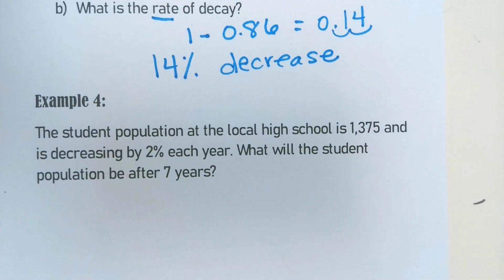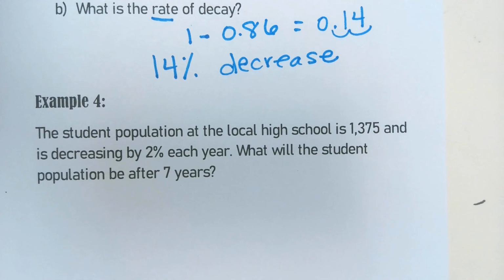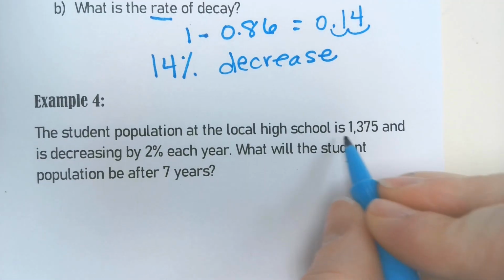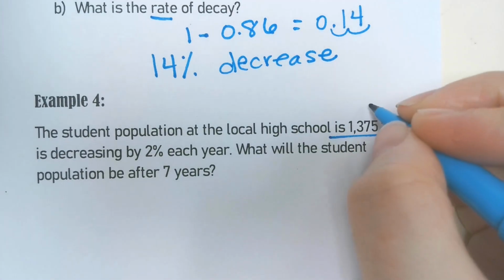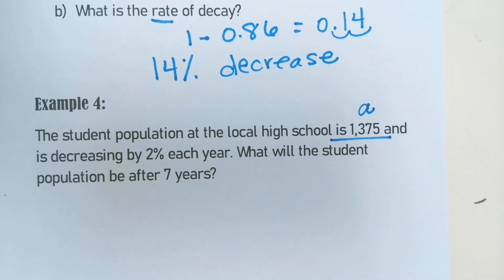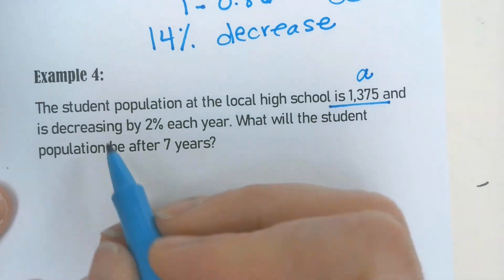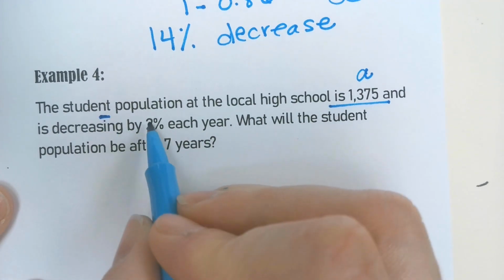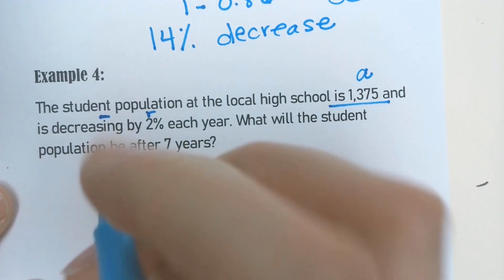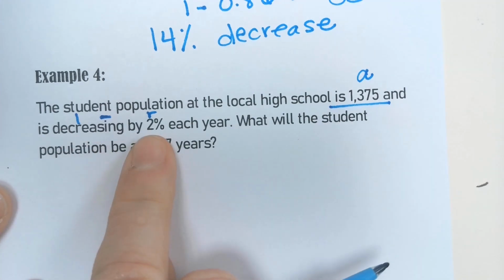Last example, student population at local high school is 1,375 and is decreasing at 2% each year. What will the student population be after 7 years? So we have 1,375 is our starting population. Decreasing means we're going to go down by our rate, 1 minus the rate.